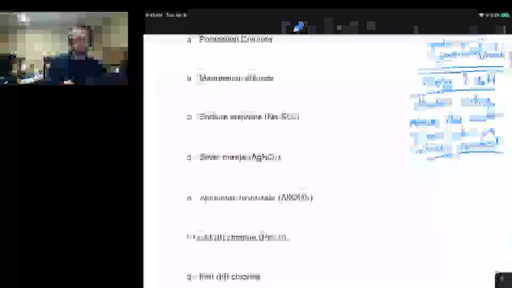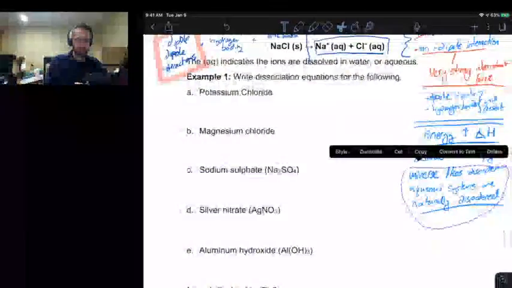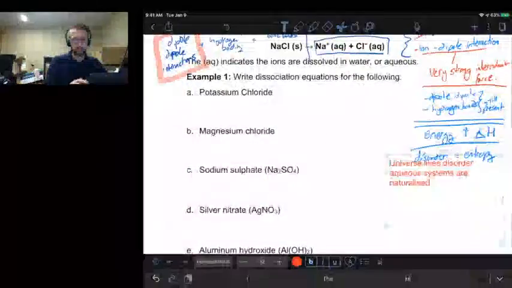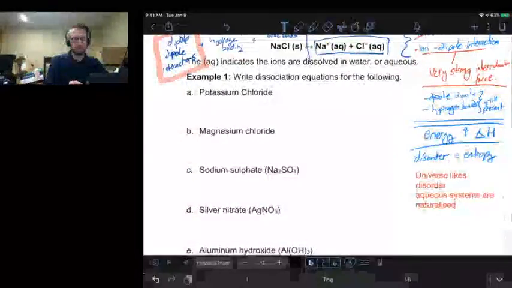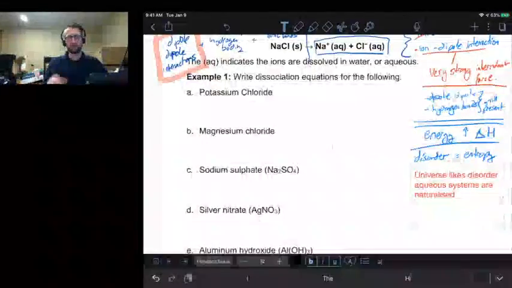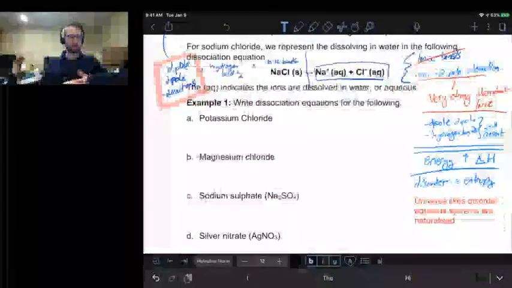So that's the real reason that things like salt will naturally dissolve. It's going to be some sort of interaction between these two concepts. You've got the concept of the energy stored in the bonds. Are you gaining or losing some of that energy stored in those bonds?